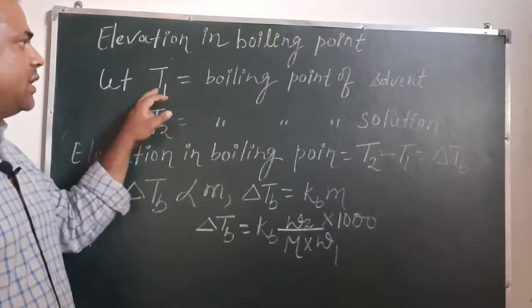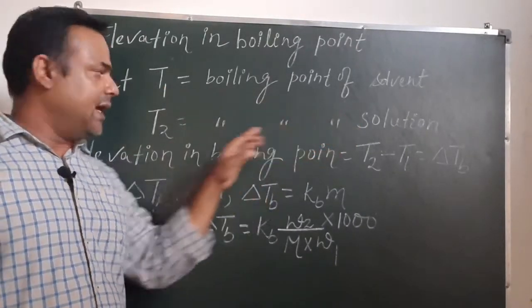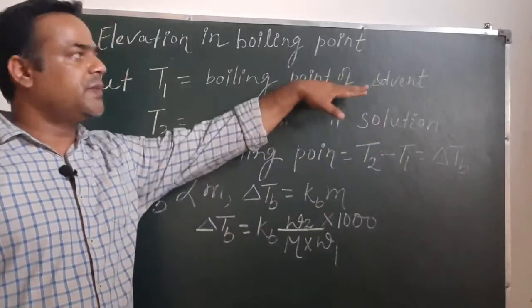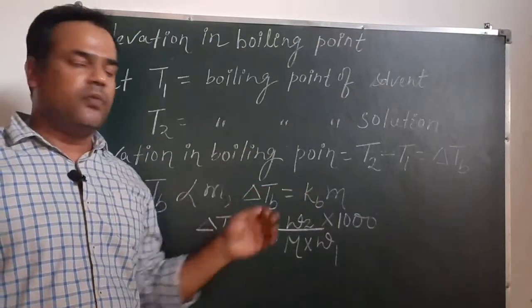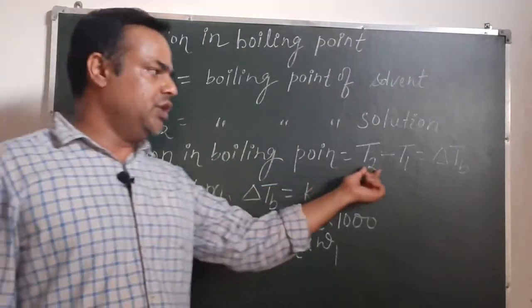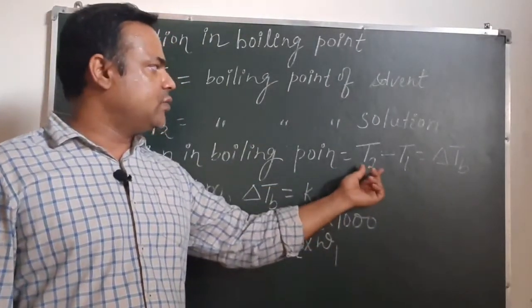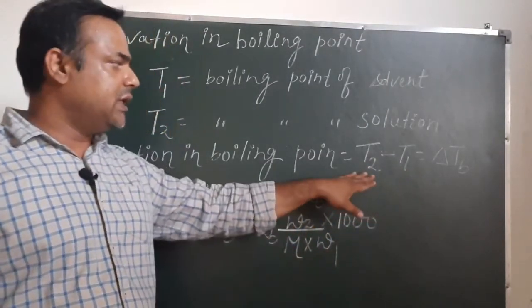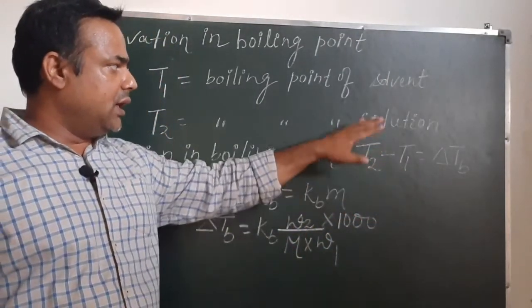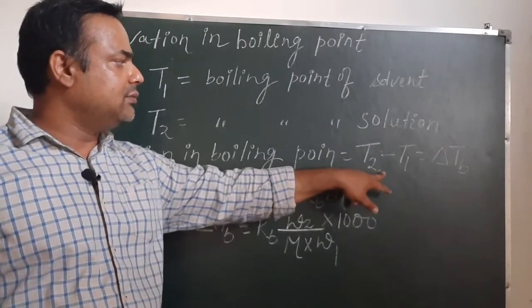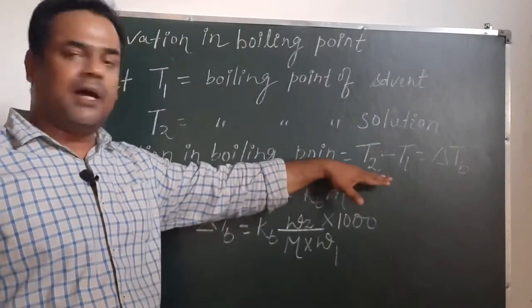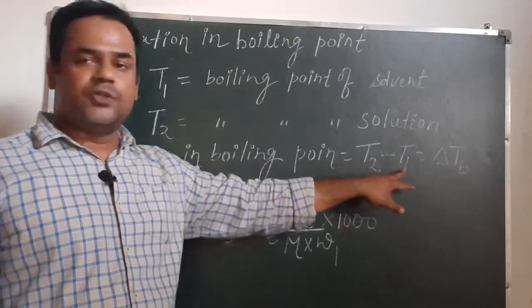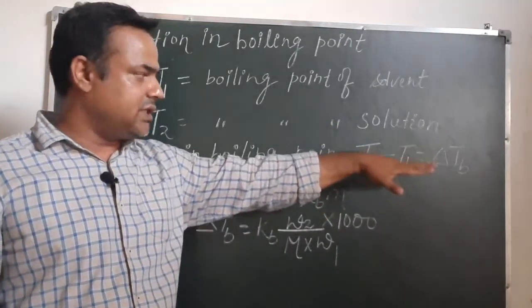So here T1 is the boiling point of solvent and T2 is the boiling point of solution. With respect to solvent, how much the boiling point increased will be T2 minus T1, that is boiling point of solution minus boiling point of solvent, because we know that the solution will have a higher boiling point since we have added some impurity in the solvent, and the solvent will have a lower boiling point because it is pure.